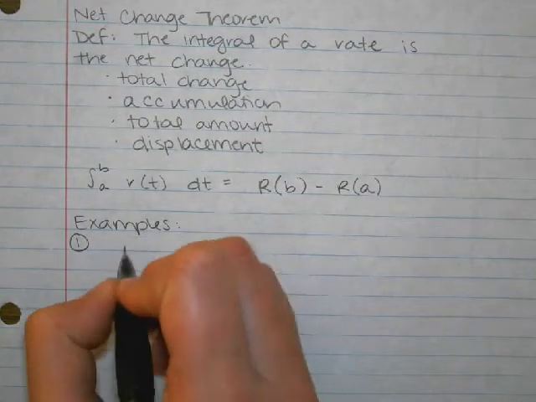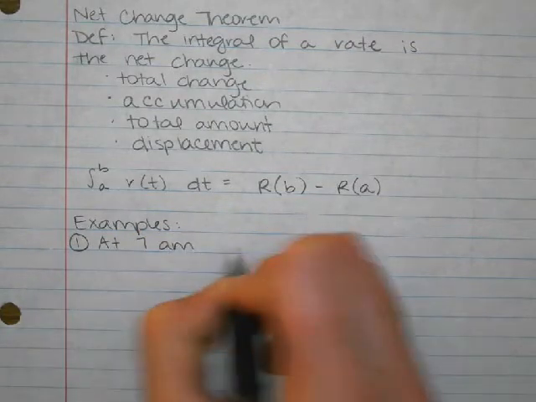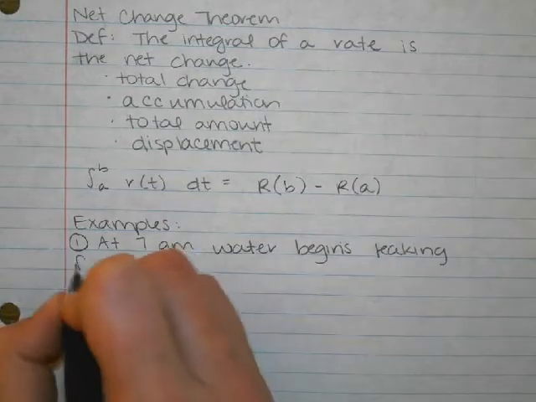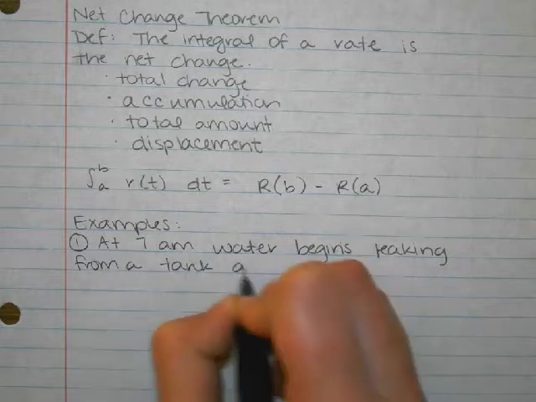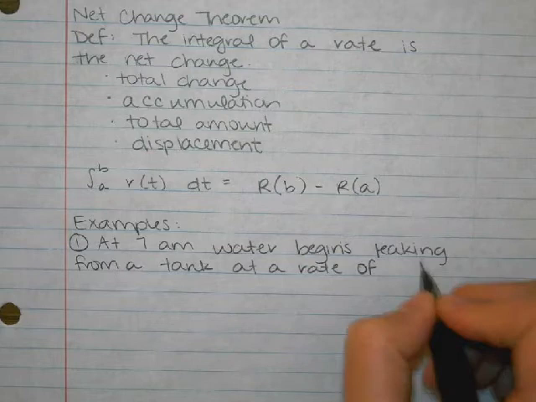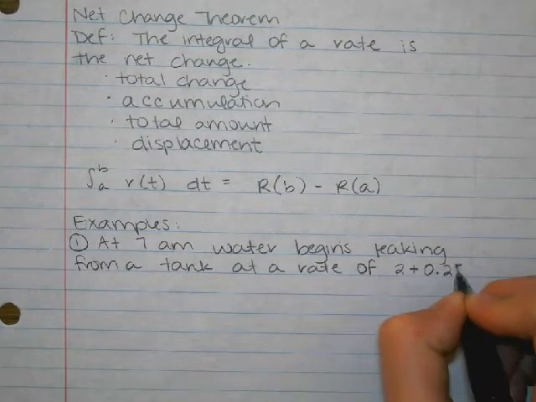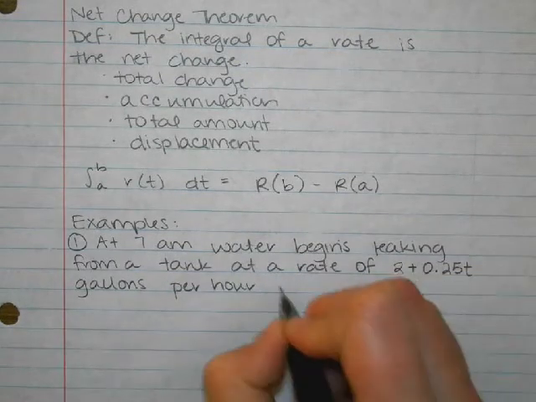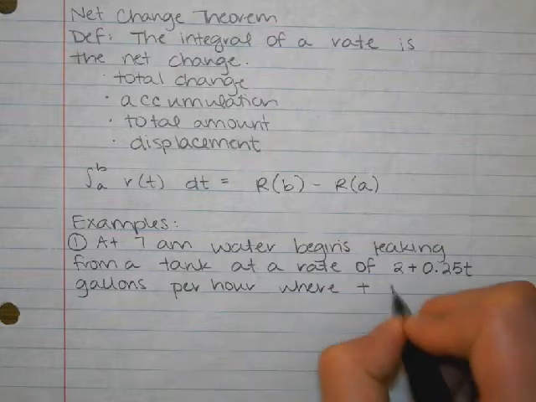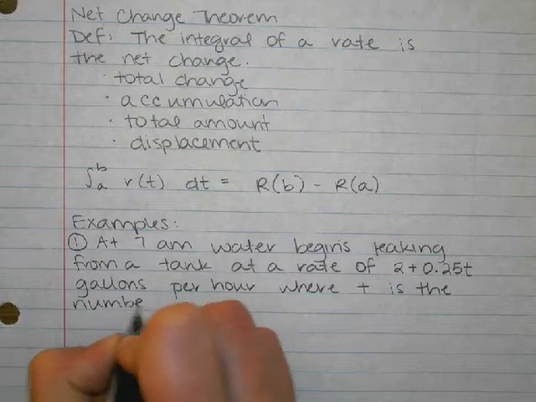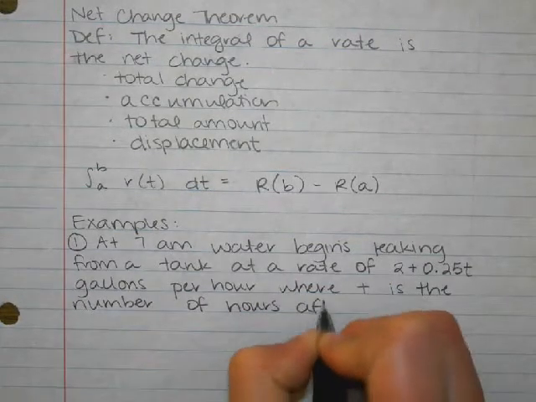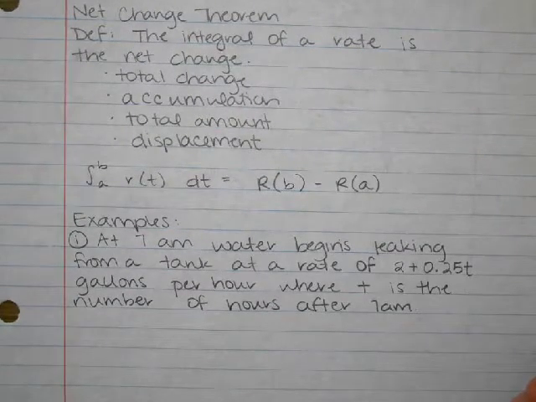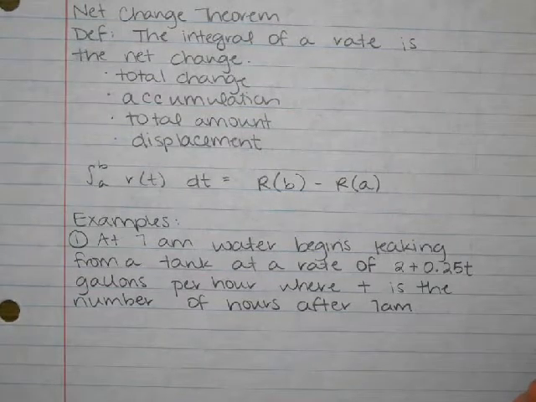So we're going to say at 7 a.m. water begins leaking from a tank at a rate of 2 plus 0.25 T gallons per hour, where T is the number of hours after 7 a.m.